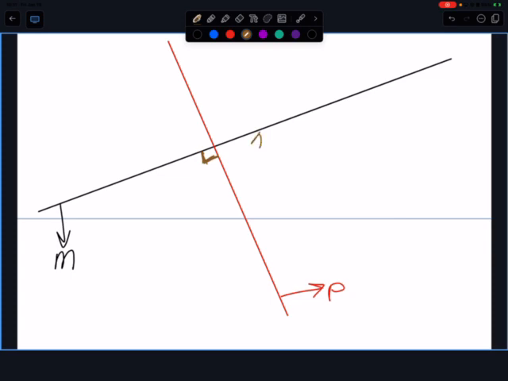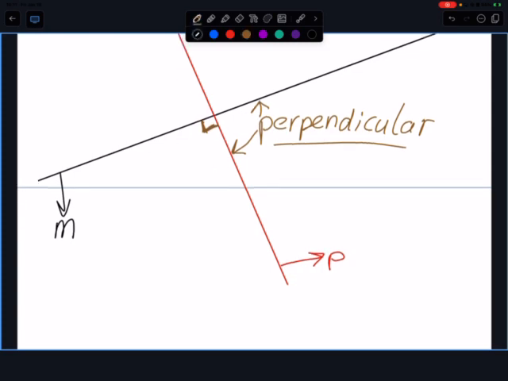And these two lines, since they have a 90-degree angle, they are perpendicular. A 90-degree angle among them means they are perpendicular. Must be 90 degrees, right?